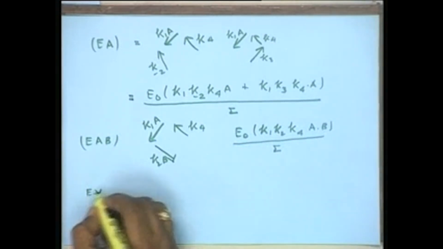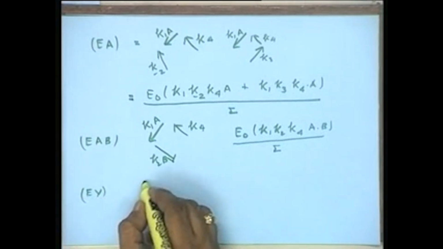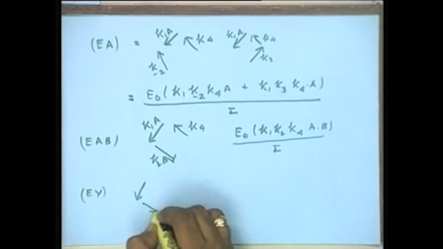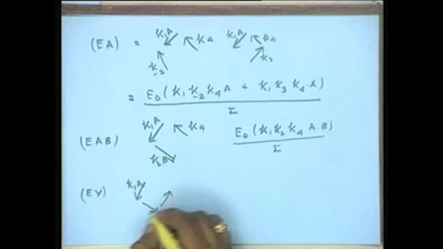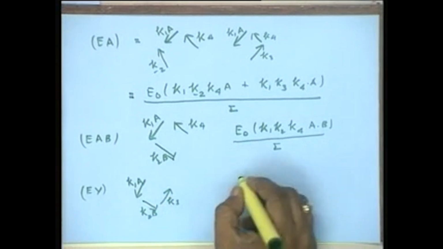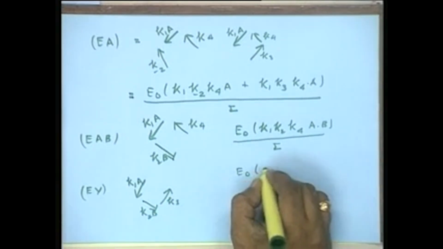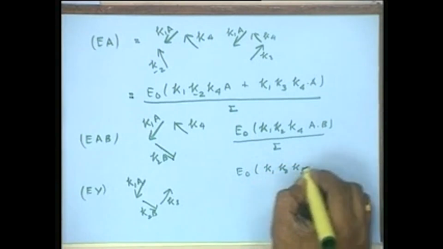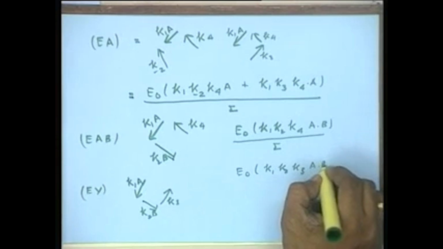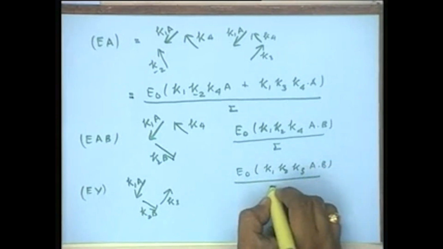Similarly, EY will also have only one pattern: K1 A, K2 B and K3. So, this will be given by E naught K1 K2 K3 A into B upon sigma.